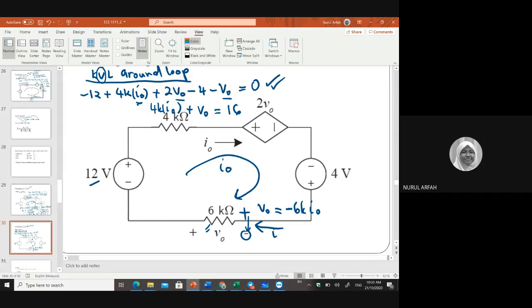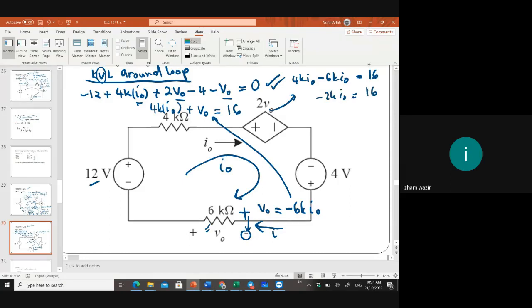Then you apply inside this equation: you have 4K I0 and then minus 6K I0 equal to 16. Then you rearrange, you have negative 2K I0 equal to 16, so I0 is negative 8 milliampere, right?